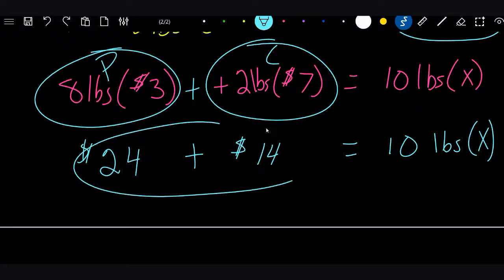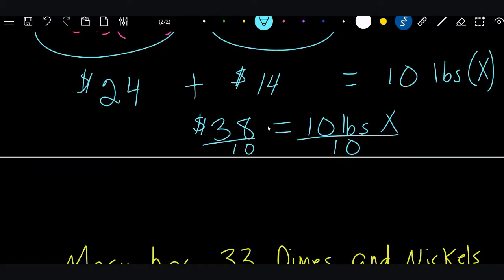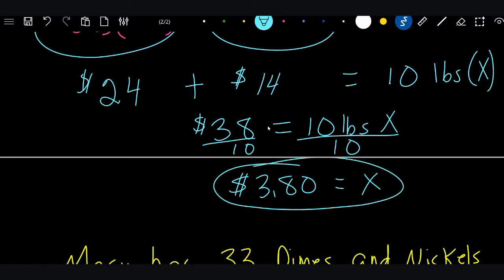All right, so we're just going to add these together, and we are going to get $38 equals 10-pound mixture. So if we divide both of those by 10, we find out that the mixture cost us $3.80 per pound. That's per pound.